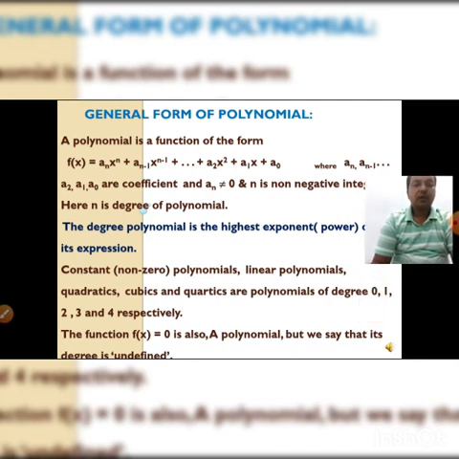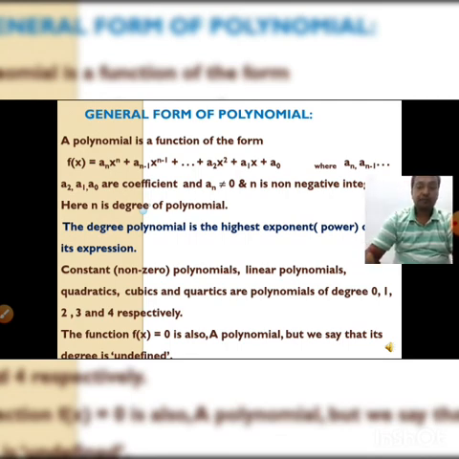The polynomial 0 is the zero polynomial, but we say that its degree is undefined.